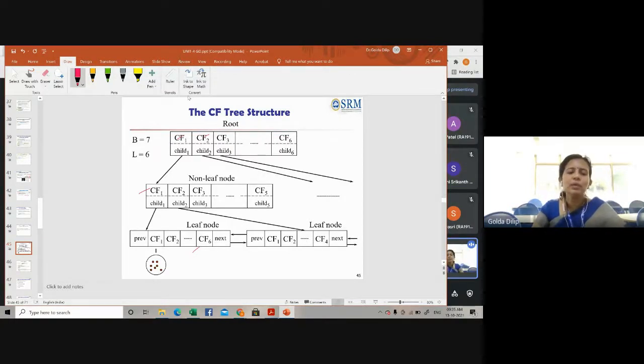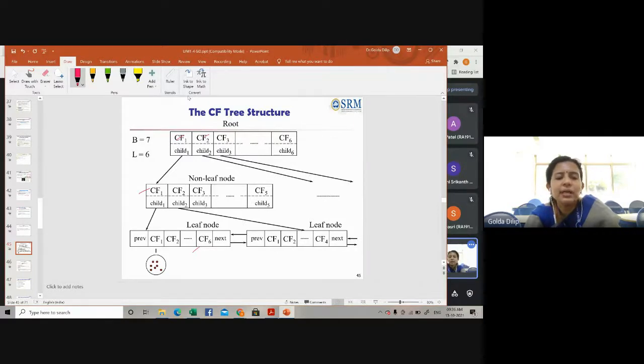We know what the clustering feature vector is: a three-dimensional thing that shows the statistical summary, the zeroth, first, and second moments. The CF tree is a height balanced tree which stores the clustering features.